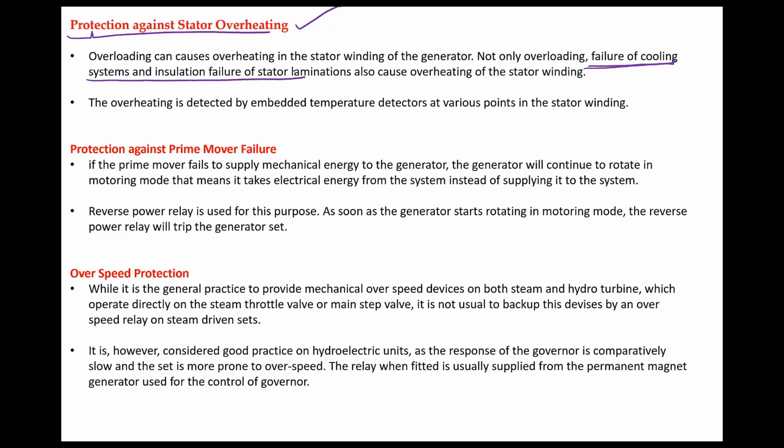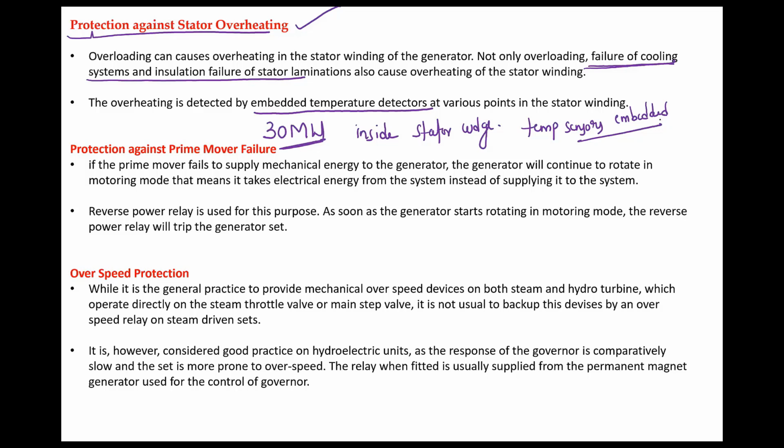The generator gets overheated. So to protect the generator against overheating, for generators above 30 megawatt capacity, temperature sensors are embedded inside the stator winding. Whenever the stator winding temperature exceeds a certain temperature, it will give a signal to the master trip relay.